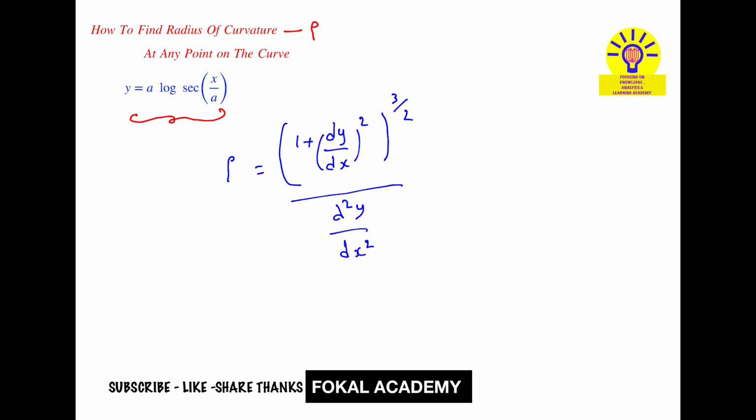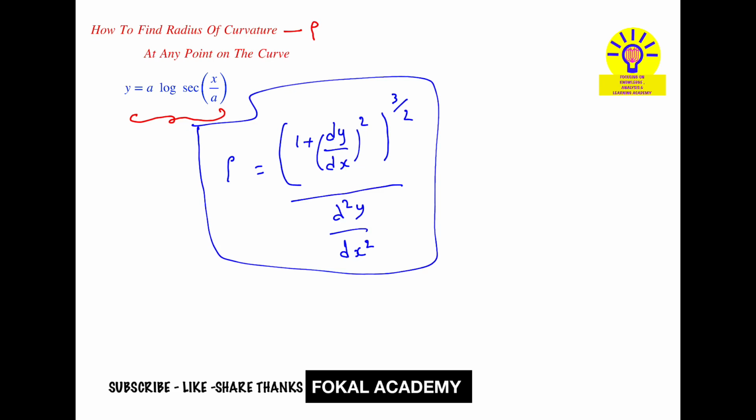This is the standard formula for finding the radius of curvature whenever the function is in the Cartesian coordinate system. So here we need to find dy by dx and d square y by dx square, that is, the first derivative and the second derivative of this function. Afterwards we substitute the two values in the equation, then we get the radius of curvature.